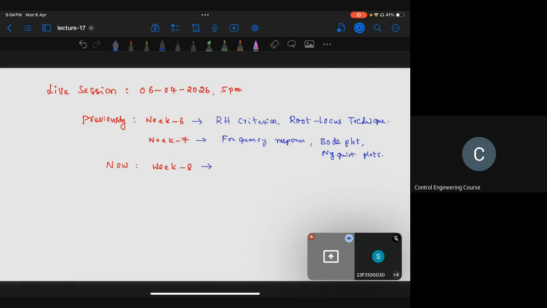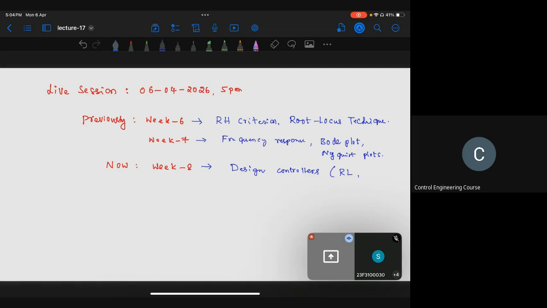Now in this week, we shift to a little different topic, the design of controllers, using two things.